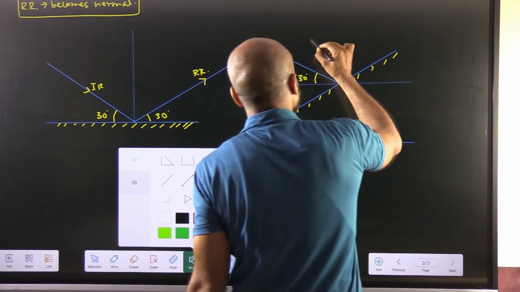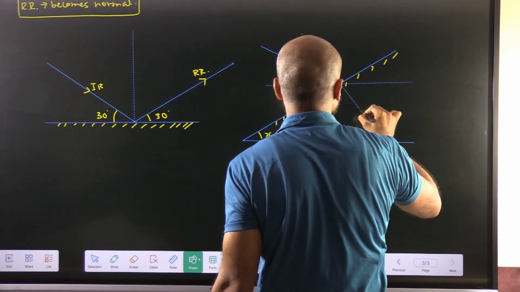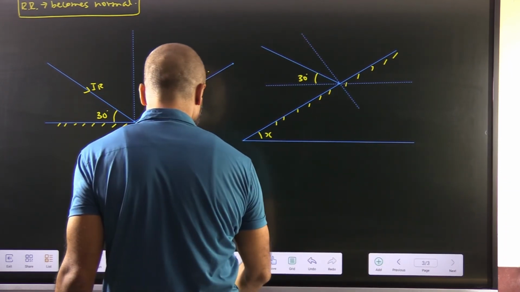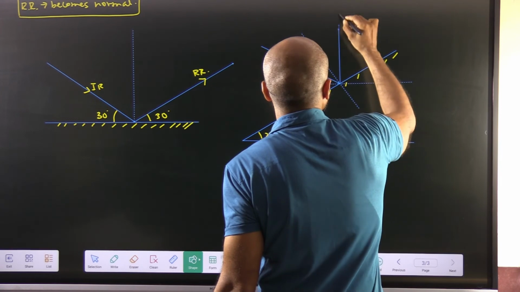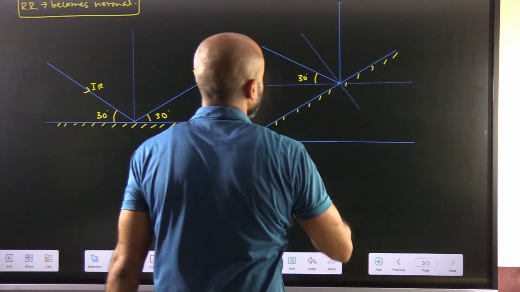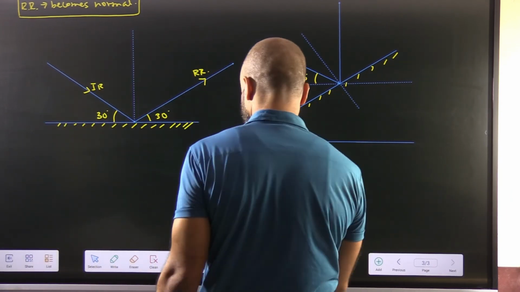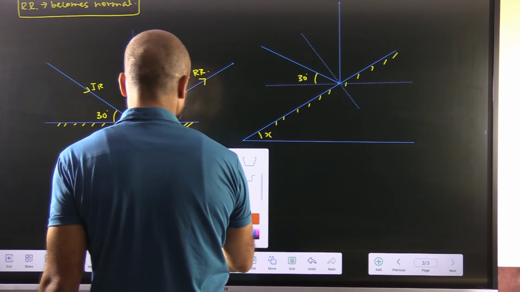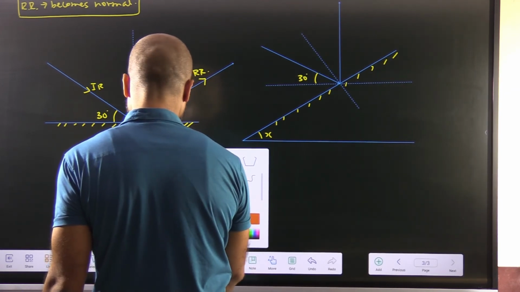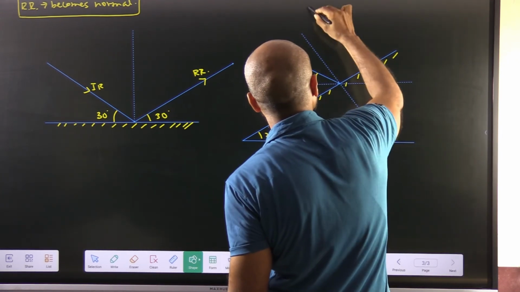So we will have a normal passing like this, and let's say this will be the new reflected ray now. And this has to be normal to the surface of the mirror.